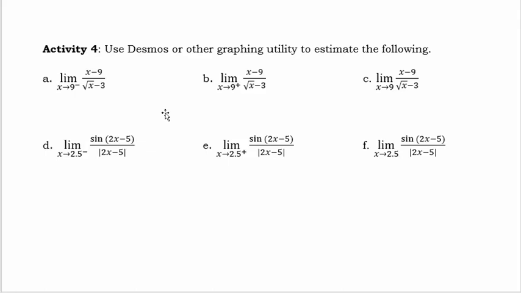So based on what I see on that graph, from the left it's approaching 6, from the right it's approaching 6, so the actual limit is 6 because these two things are equal to each other. Now I didn't ask you this, but the value of the function at 9 is undefined.